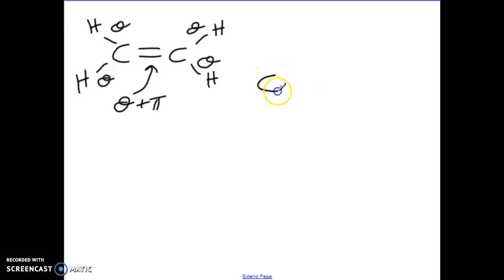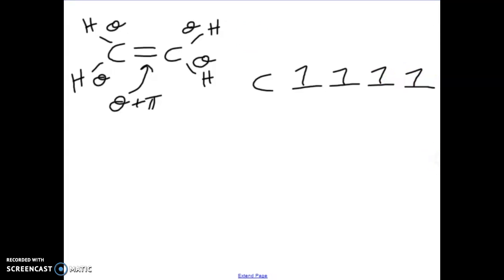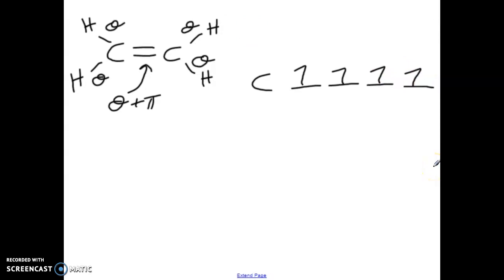So carbon we know will make 4 hybrid orbitals with 1 electron in it each, right? We've already talked about this. Now, what we haven't talked about yet is what happens if we have a double or triple bond. Normally you would say carbon is sp3 hybridized.